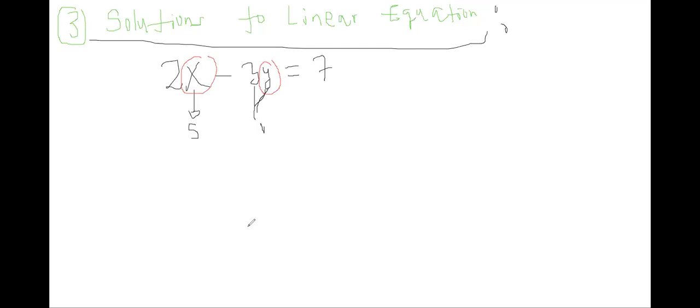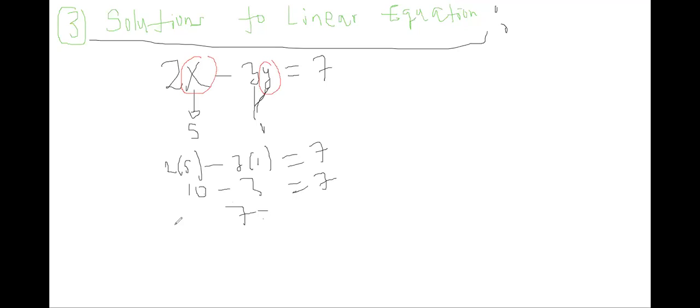Let me do it as it is. That is 2 times 5 minus 3 times 1 equals 7. So this equation must hold. This will be 10 minus 3 equals 7, and this equation holds because 10 minus 3 is 7.